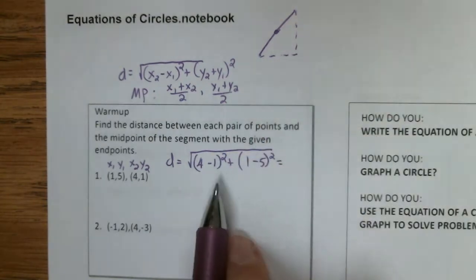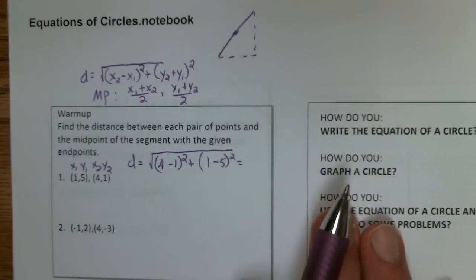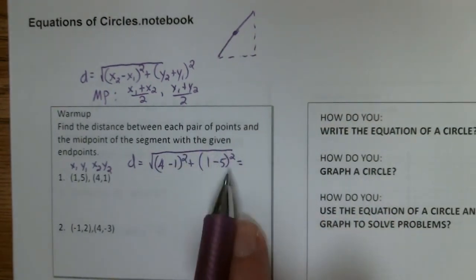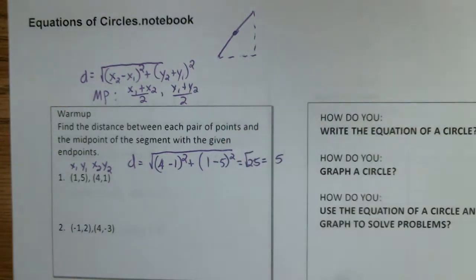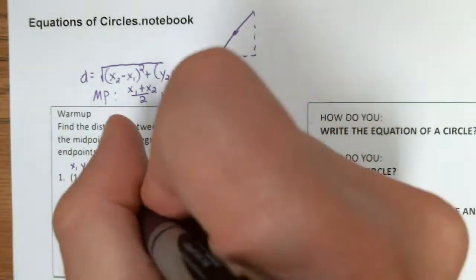You plug all this in, I'm going to skip this just for the sake of the lesson, guys, I want to go kind of quick. Plug all that into your calculator, that comes out to be the square root of 25, which is 5, so the distance is 5.